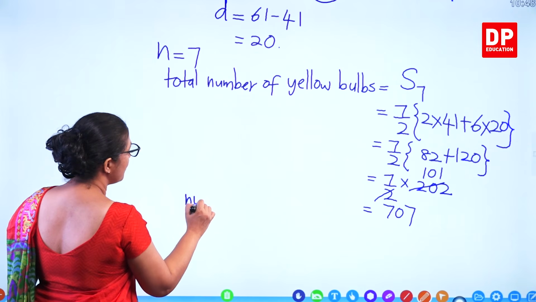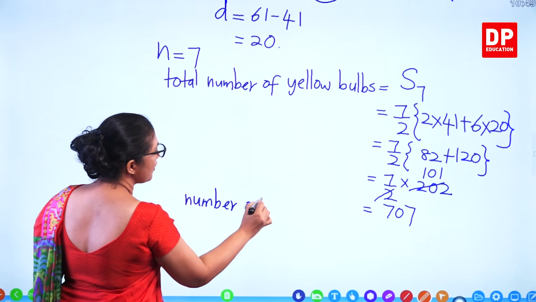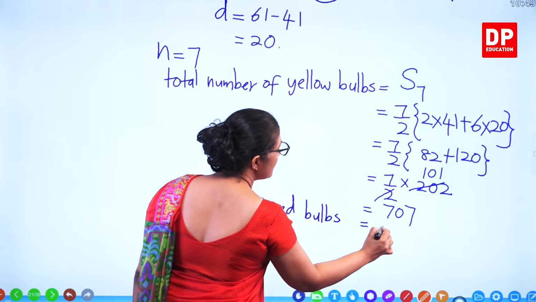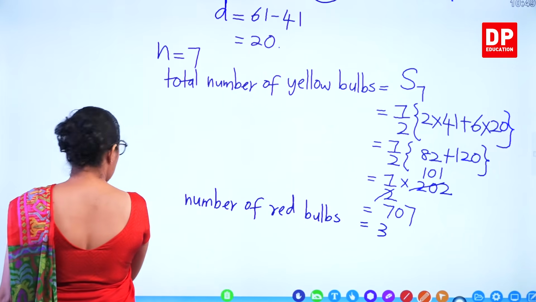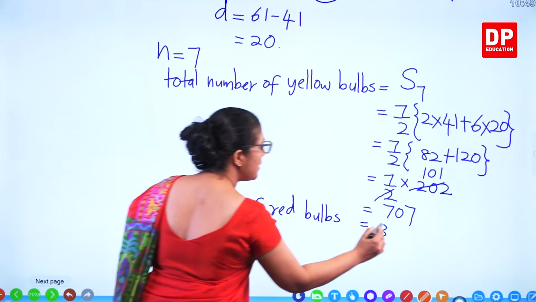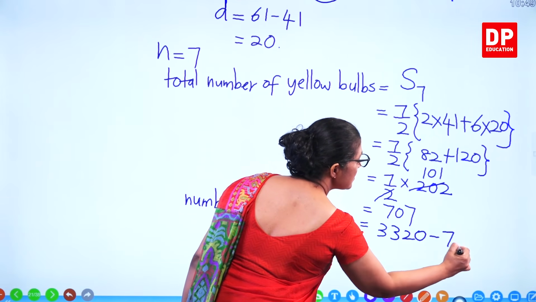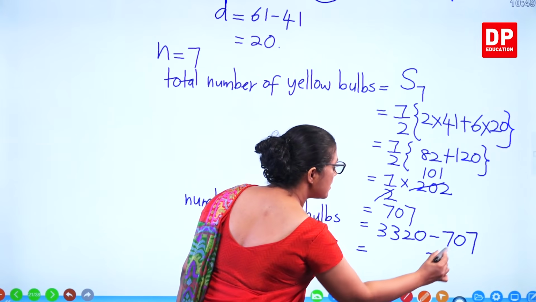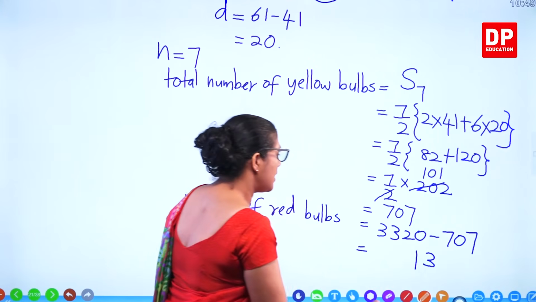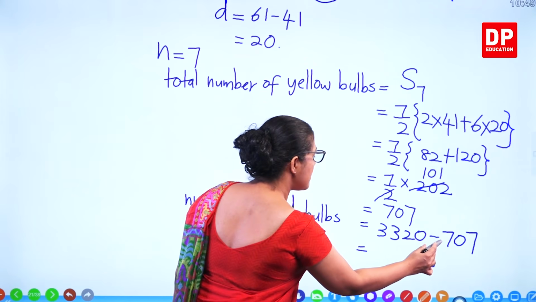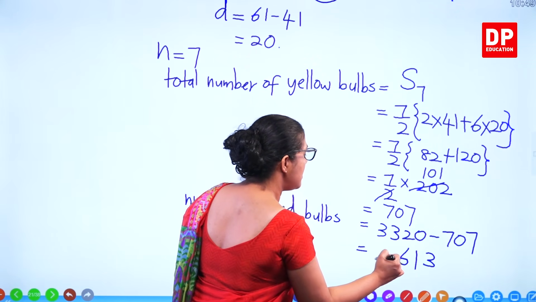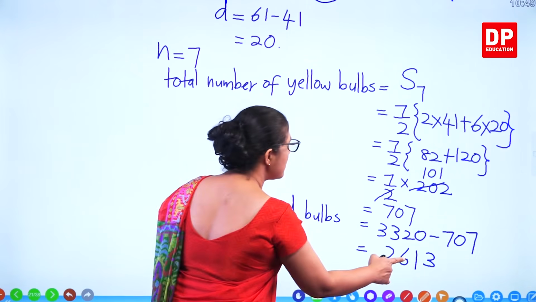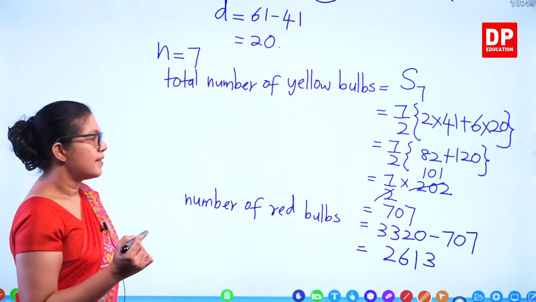So the number of red bulbs is 3,320 minus 707. So subtracting, you get 2,613 red bulbs.